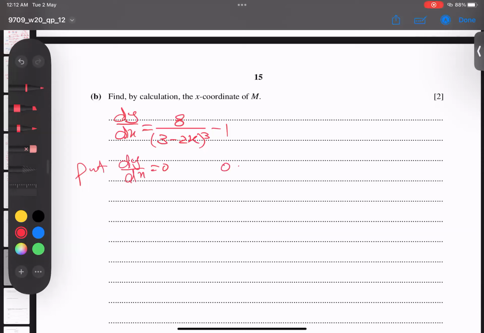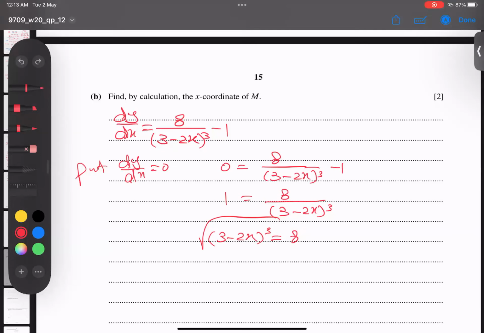So I put 0 equals to 8 over, and this one goes to the left side. Cross multiply, then take the cube root of both sides, the cube root of the left side and right side.